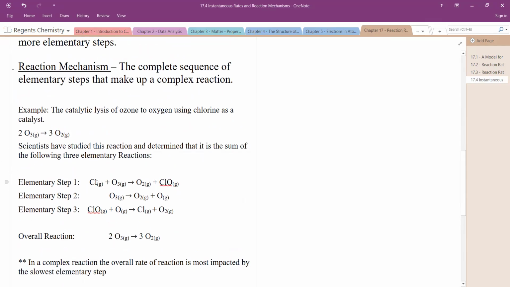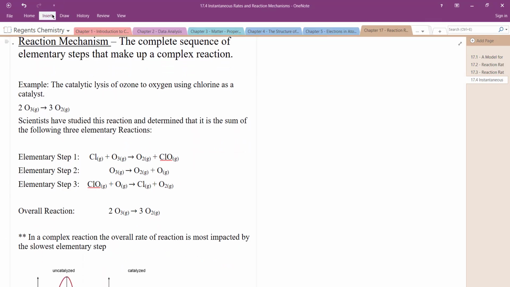Chlorine will combine with ozone to form an oxygen molecule and a chlorine monoxide molecule. Ozone, when heated or given energy, will spontaneously break down into oxygen plus a free oxygen atom. And finally, if I combine my chlorine monoxide with my free oxygen, I will form a chlorine atom and oxygen.